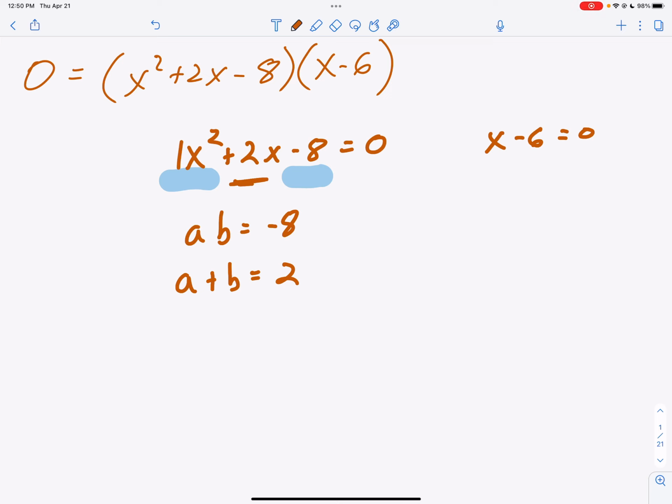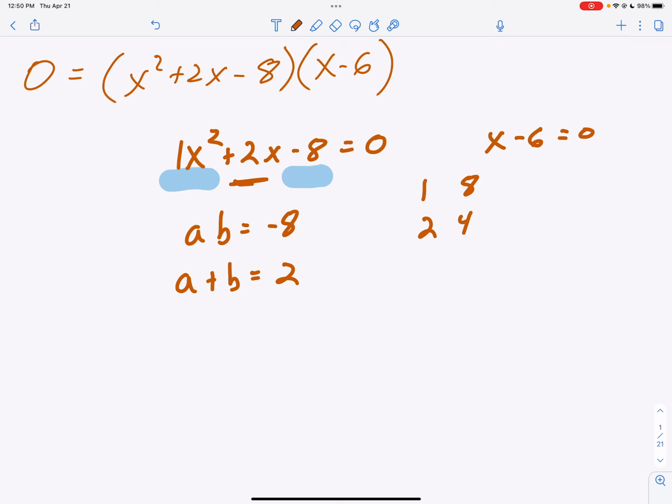So if I list out my possible factors, it could be 1 and 8. It could be 2 and 4. 4 and 2 is just reversed, so it looks like there's only those. It could be 1 and 8, because those multiply together to get 8, and 2 and 4, those multiply together to get 8.